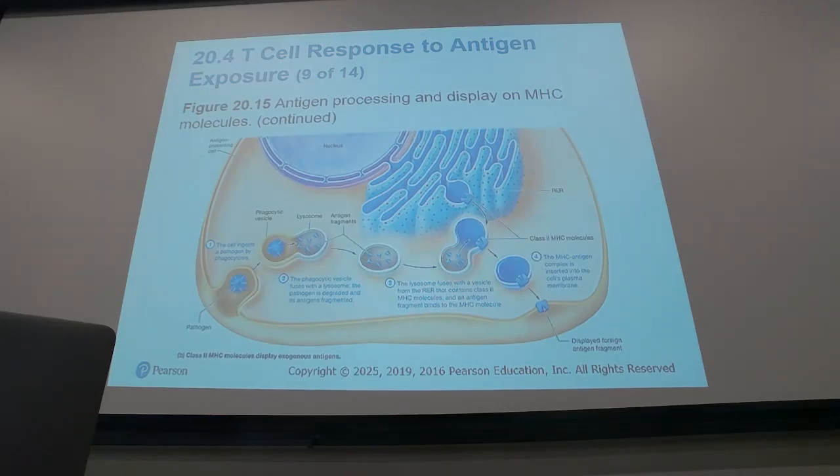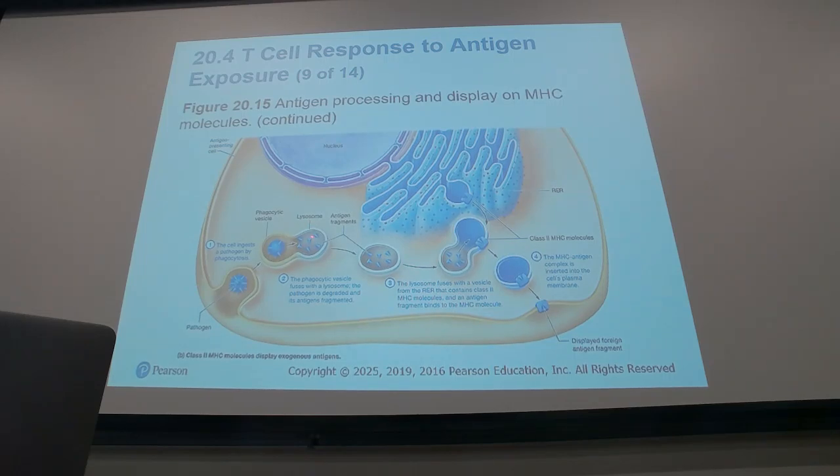So then once your T cell is exposed, what happens? The T cell responds to antigen exposure. Let's say that you have a pathogen. This pathogen is endocytosed by an antigen-presenting cell.